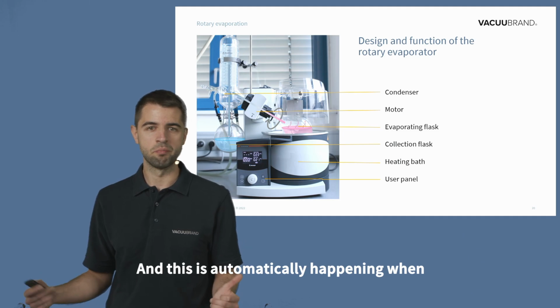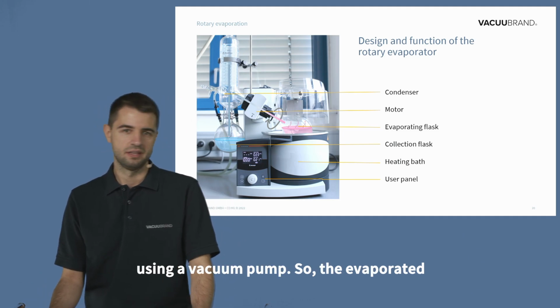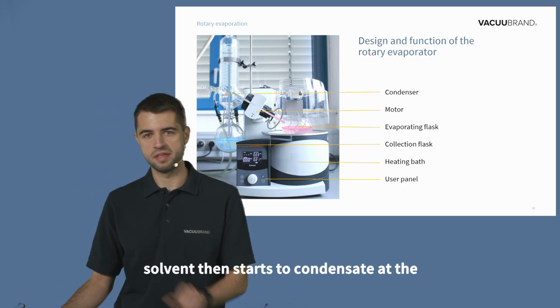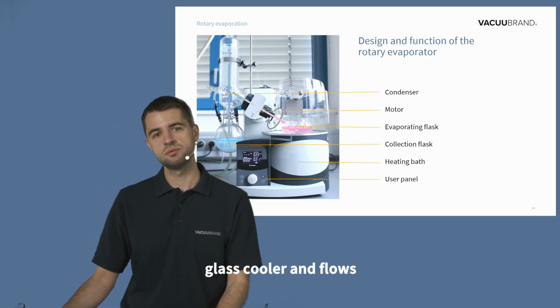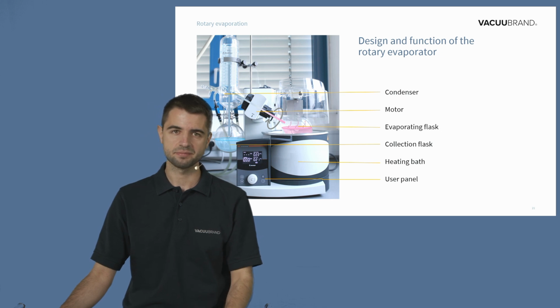And this is automatically happening when using a vacuum pump. So, the evaporated solvent then starts to condense at the glass cooler and flows into the collecting flask.